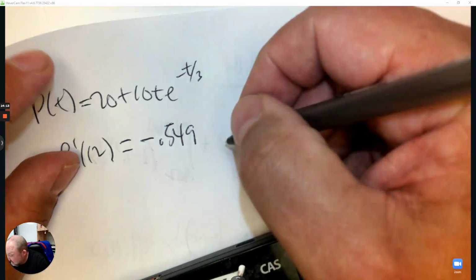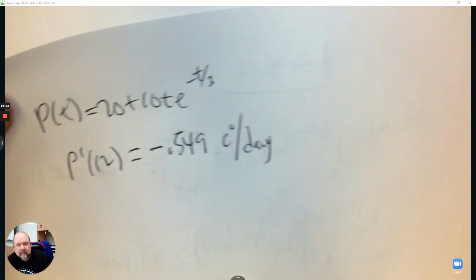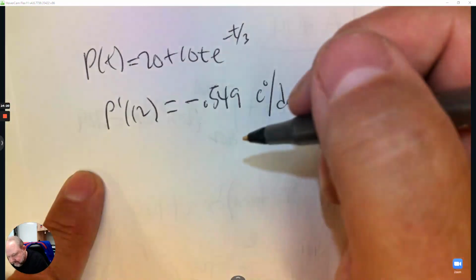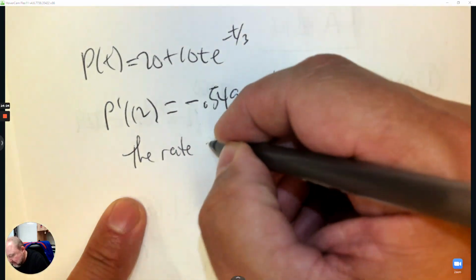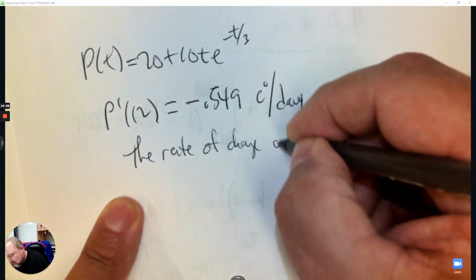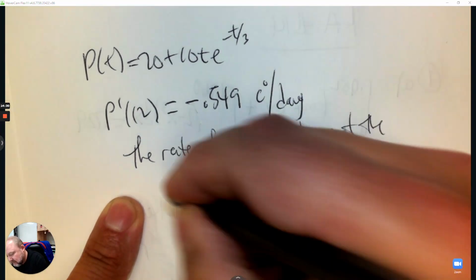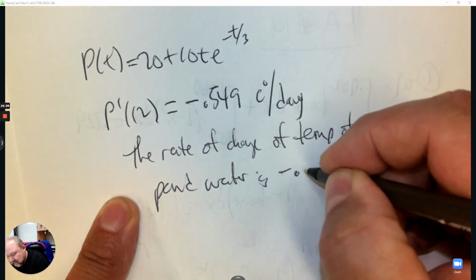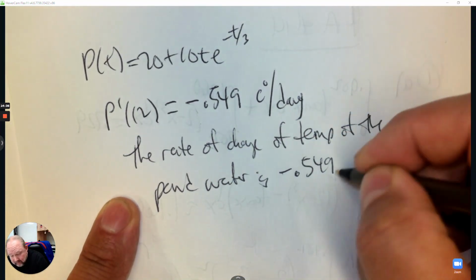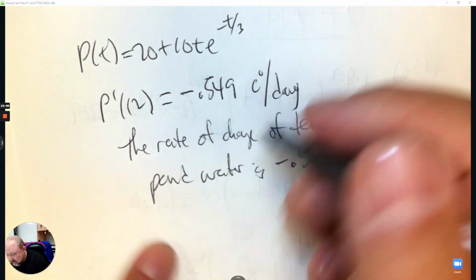And that is in degrees per day. So what does it mean? The rate of change of the temperature of the pond water is negative, almost -1/2, degrees Celsius per day on the 12th day.